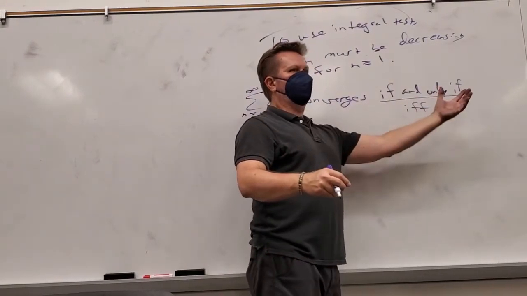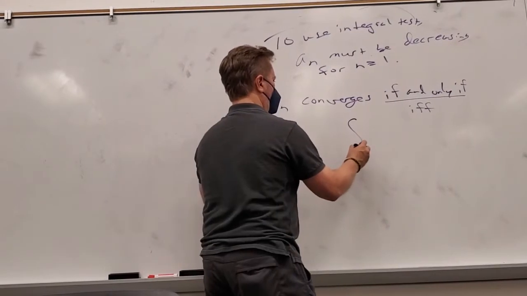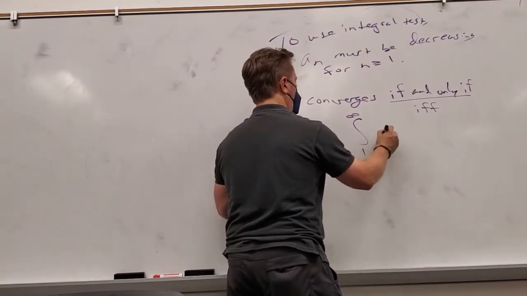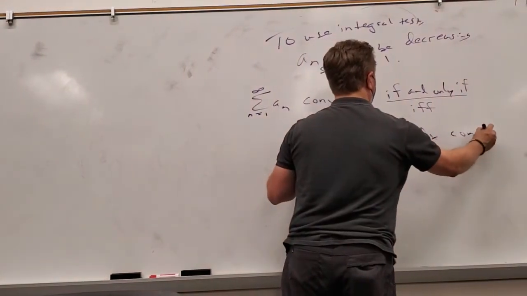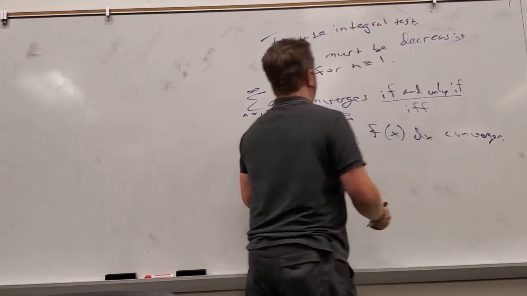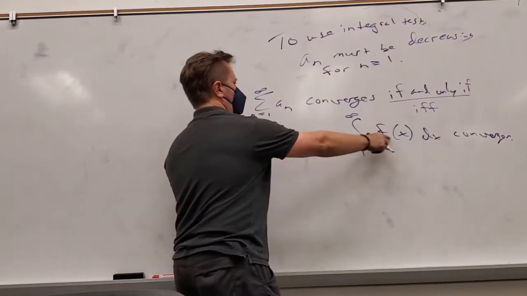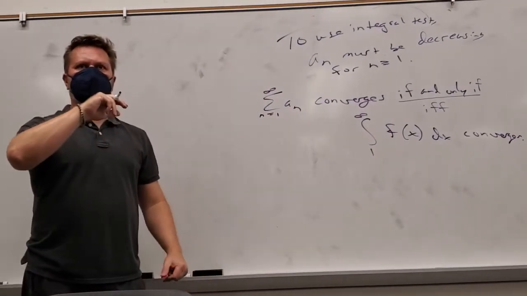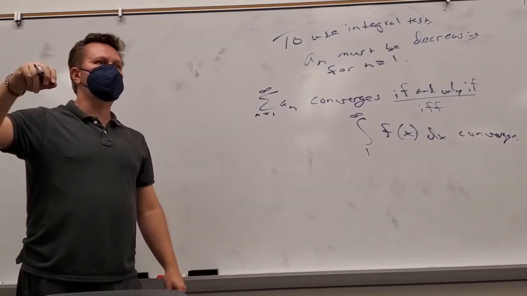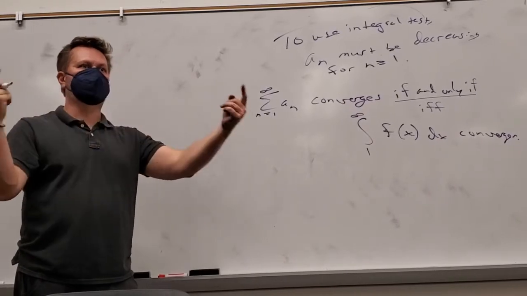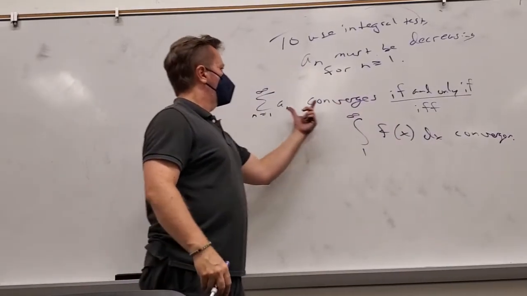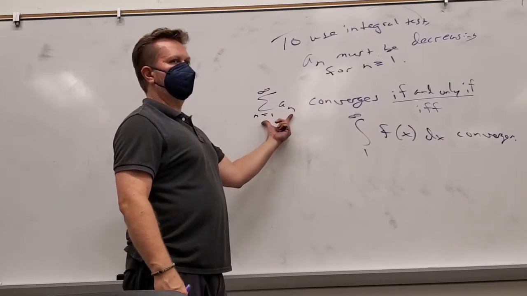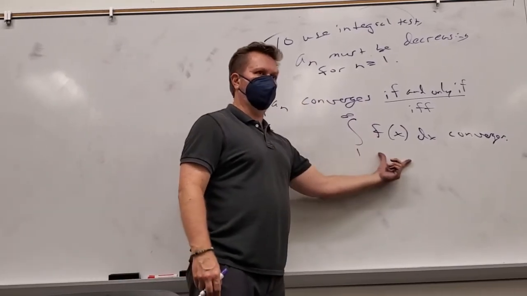So if and only if the integral from 1 to infinity of f(x) converges, where f(x) is related to a_n, right? Okay. If and only if means the if-then goes both ways. So if I have an integral that converges, then the associated series converges. If I have a series that converges, then the associated integral converges.